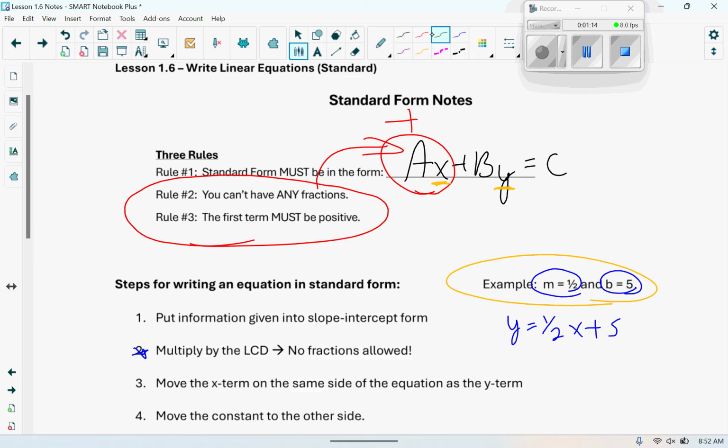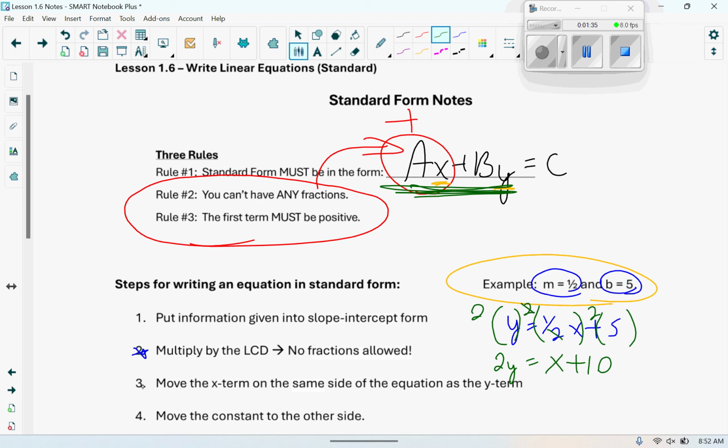You can move the x over because x and y need to be on the same side, but I just like to get rid of the fractions when I can. So I'm going to multiply each term by 2. I'm going to have 2y is equal, those cancel, so 1x plus 10.